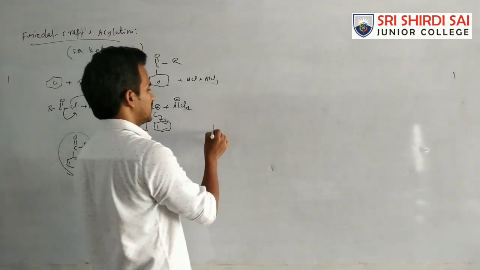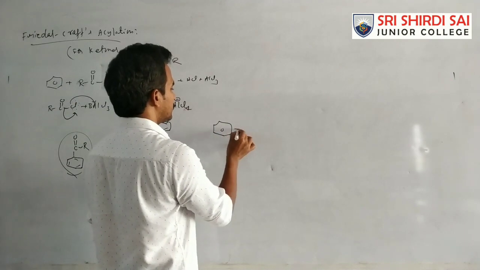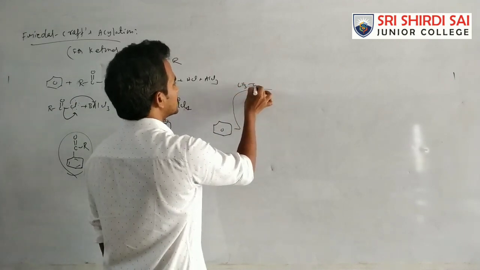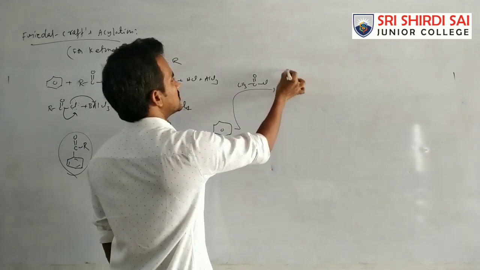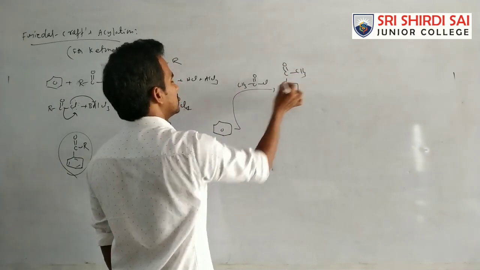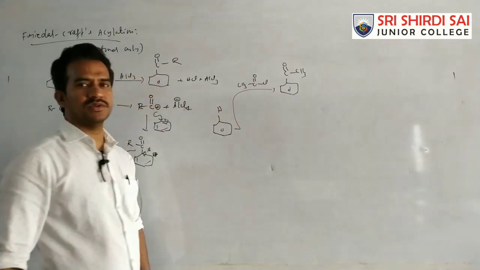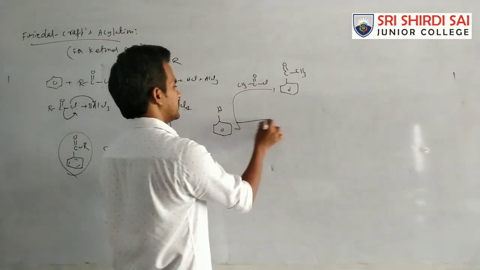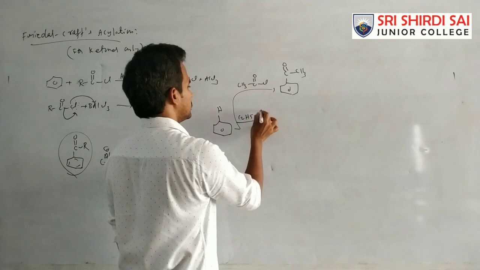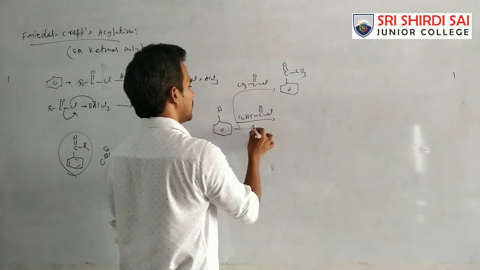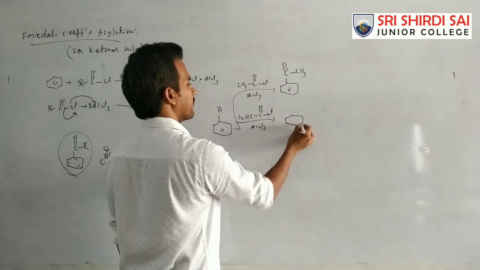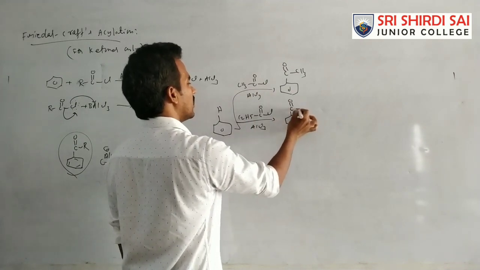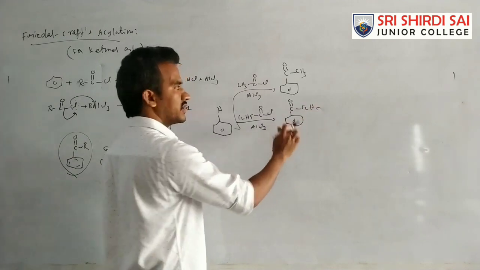Let us write some examples. This one reacting with CH3C=OCl, then what is the product here? The H is replaced by COCH3. And for C2H5C=OCl with AlCl3 Lewis acid, the product is C=O C2H5, ethyl phenyl ketone.